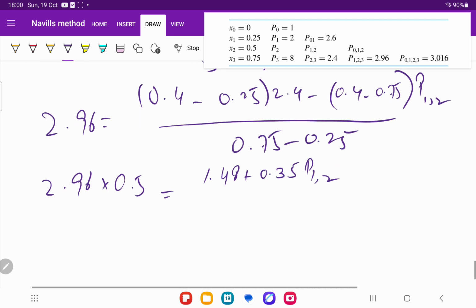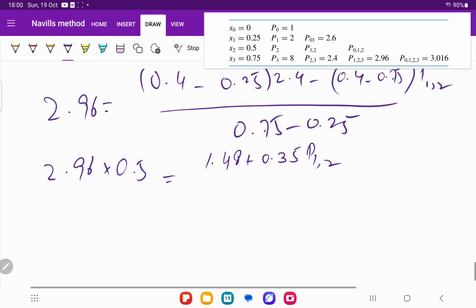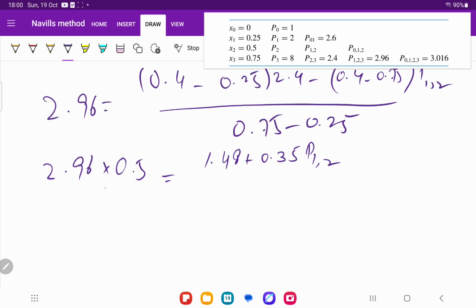So 2.96 multiplied by 0.5. 1.48 for this answer.